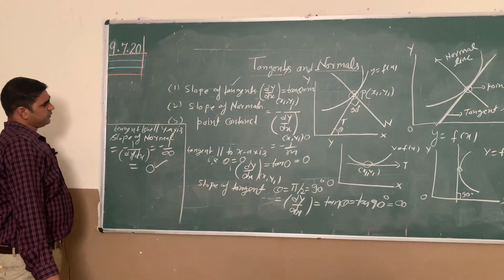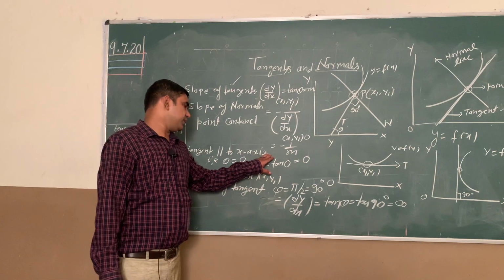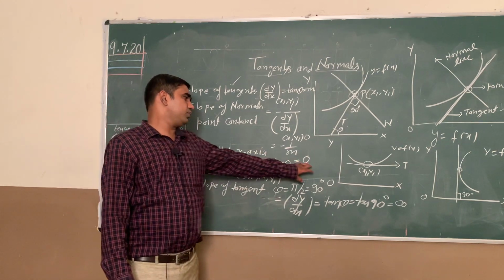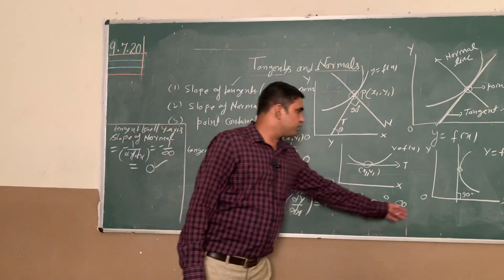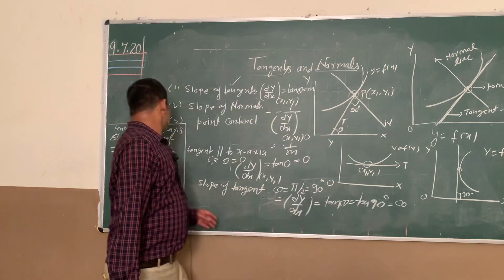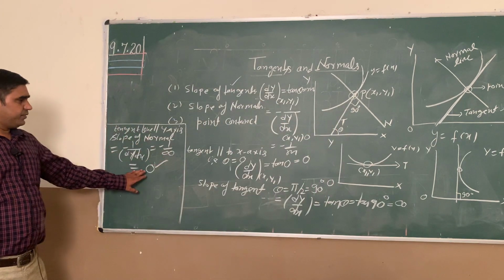Clear? So if the tangent is parallel to the x-axis, the slope of the tangent is 0, and if the tangent is parallel to the y-axis, the slope of the normal is 0.